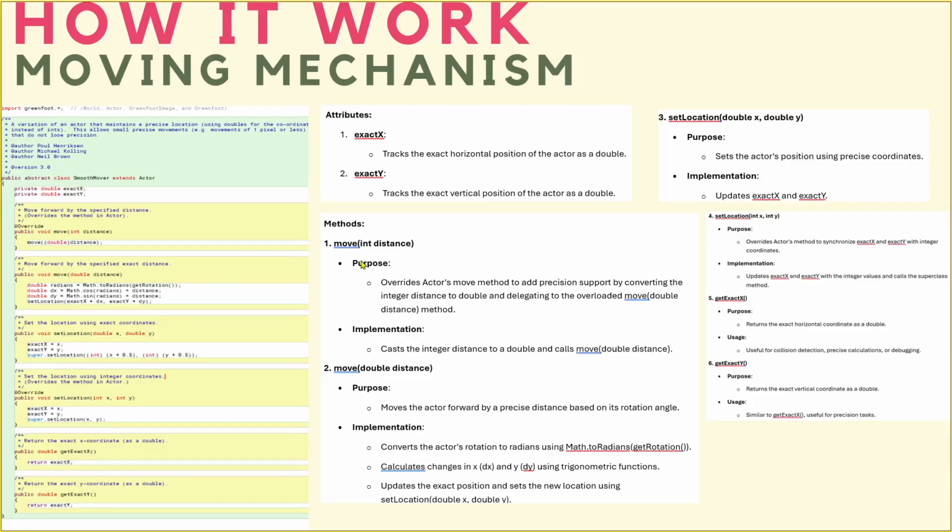This move method makes the zombie move in the X direction by the formula dx equals cos(radian) multiplied by distance. That is for the horizontal position. Then we have a getter and setter for this method, to make sure we can get the value and also set the value.